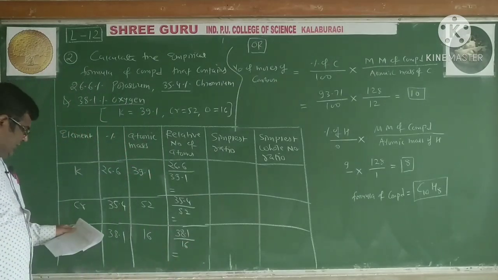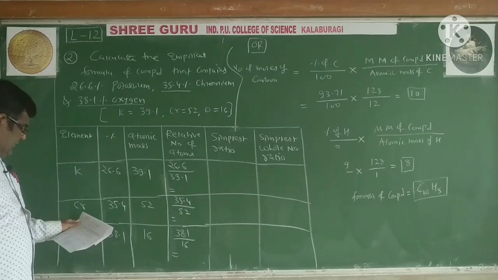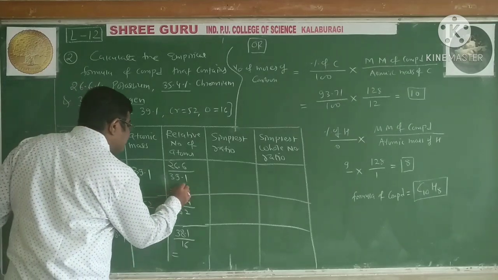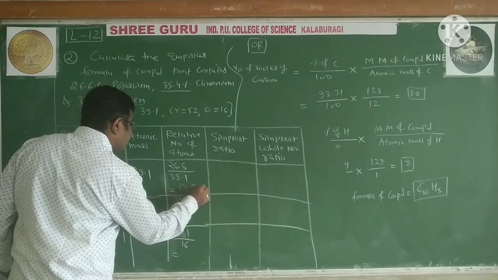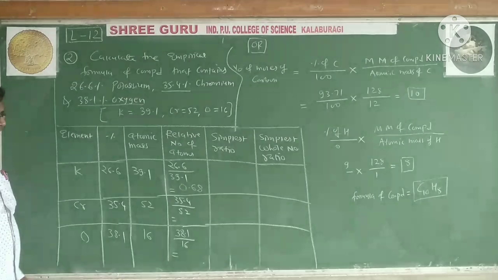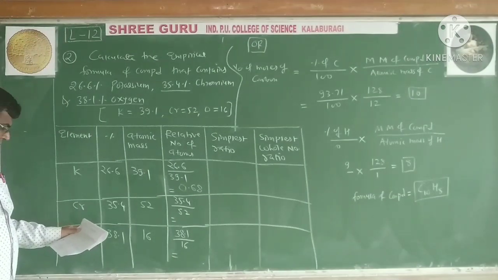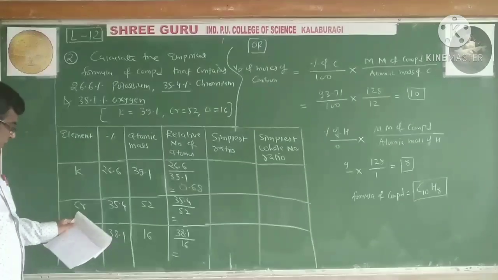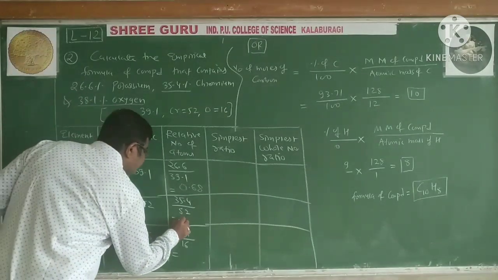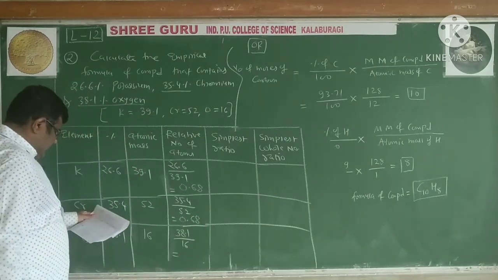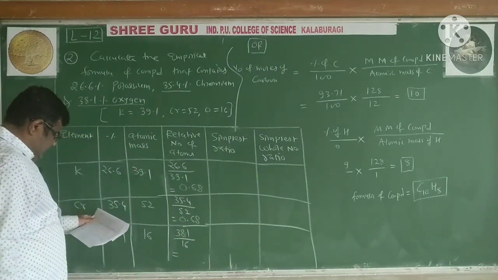So 26.6 divided by 39.1, we get 0.68 here. You also do it yourself and verify. This is also 0.68 only. And 38.1 by 16 is 2.38.